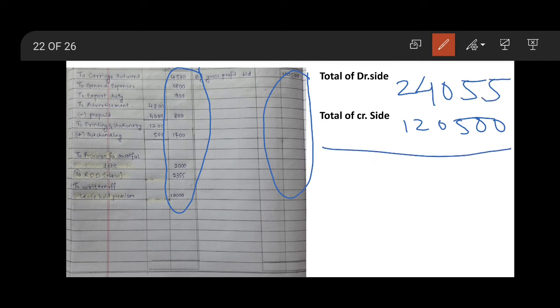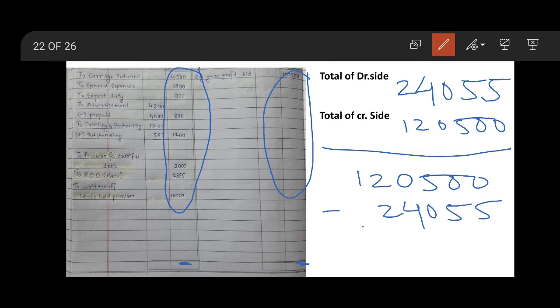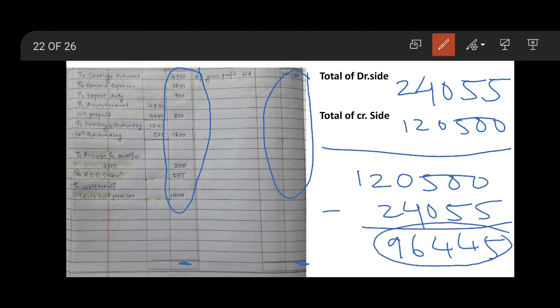The greater is credit side, so write it here in the outer columns total 1,20,500. Bring the same amount in this box 1,20,500. Take the difference: 1,20,500 less 24,055 rupees. Your answer will be 96,445, which is called net profit.